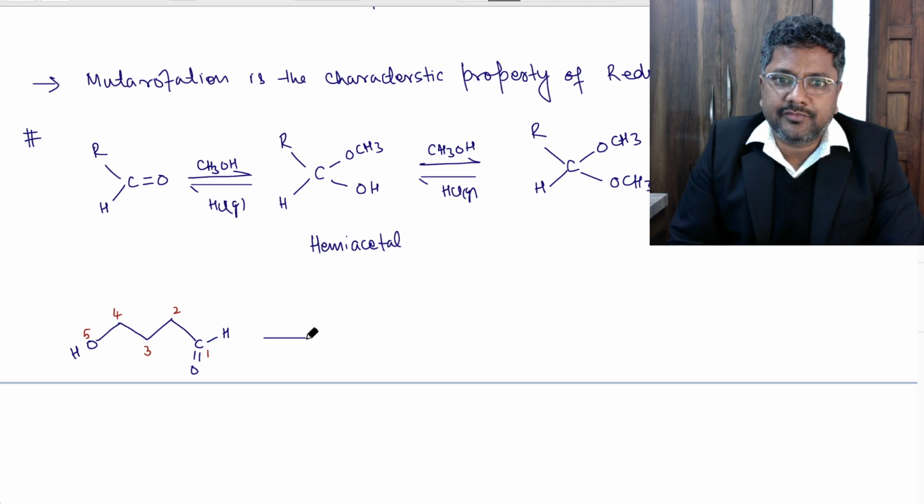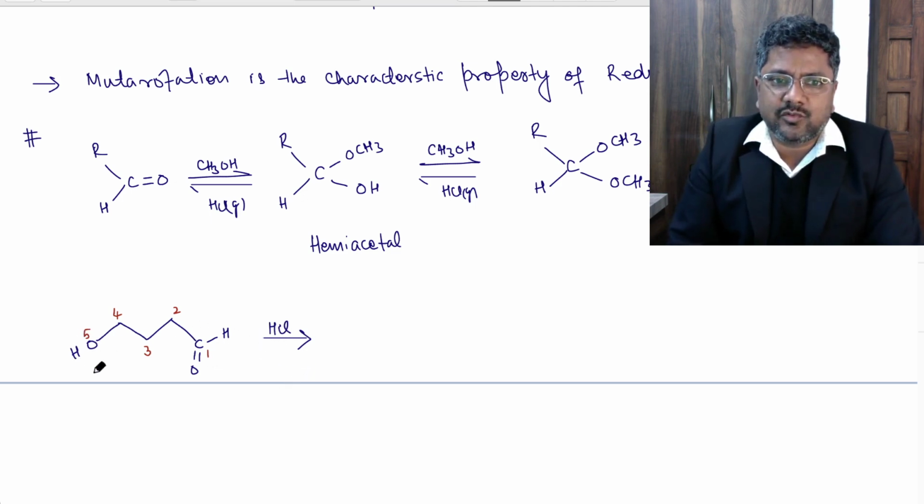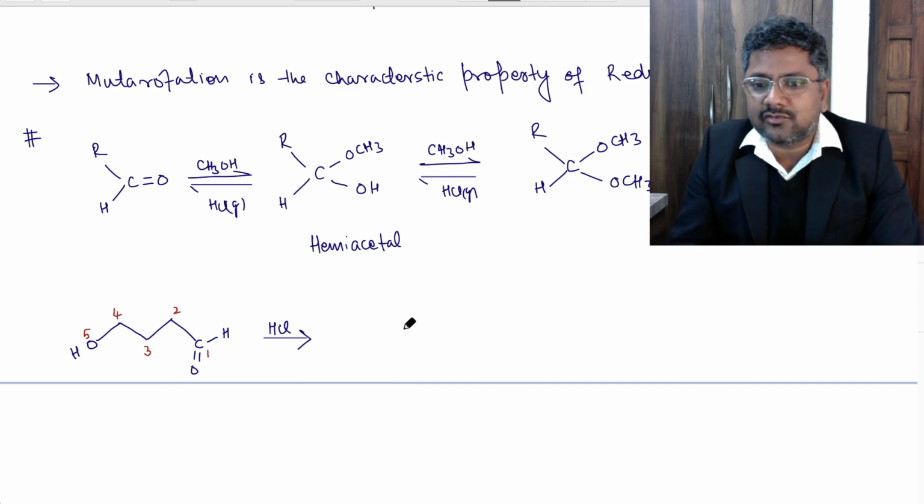So if we take HCl here, the possibility is that this OH will first form a ring with this carbon and form a cyclic hemiacetal. After that, only 1 mole of methyl alcohol is required to complete the acetal.